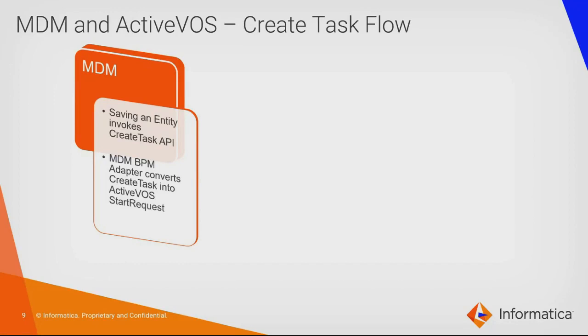The MDM BPM adapter converts the create task API into a start request format, which is the ingestion point for the ActiveVOS process. We'll be covering more of this in the demo, but basically what create task API does is prepare the task data into a format which ActiveVOS will accept.